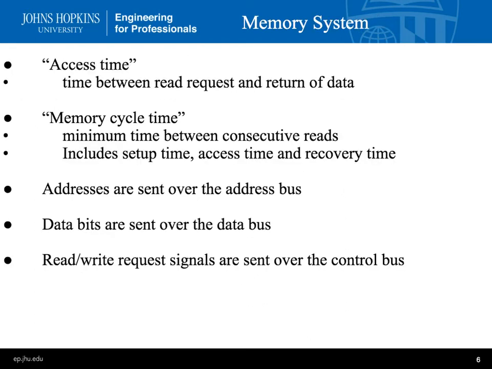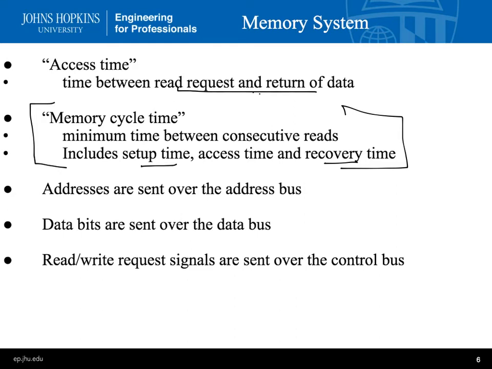So a read or a write is going to be in a cycle, and the cycle time is going to be the same for the CPU and the memory. And the access time is actually the time between the request and the return of data. So that doesn't include the setup and recovery time. And again, we have 2 buses.